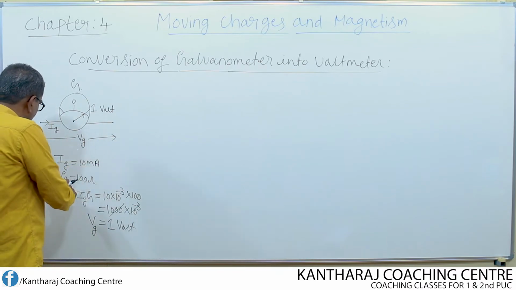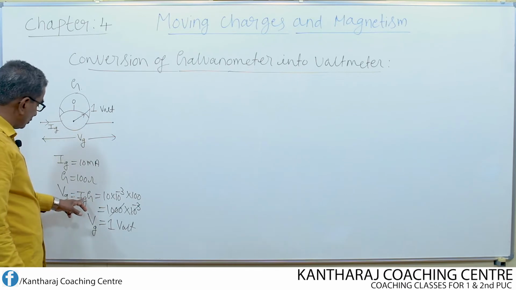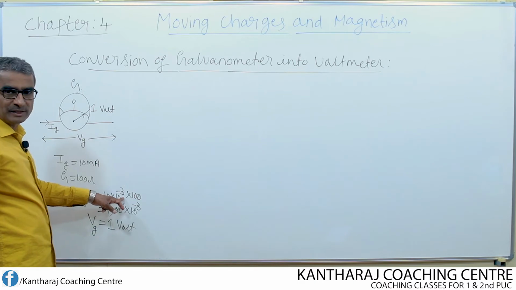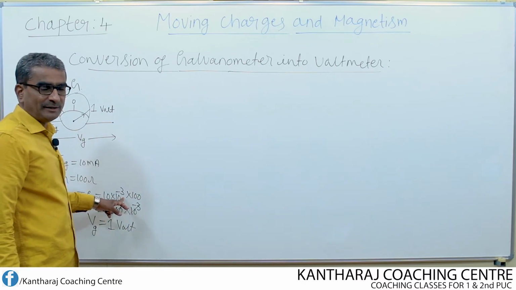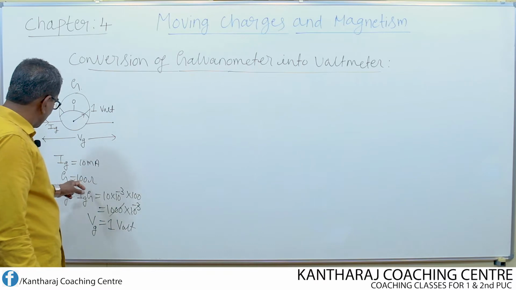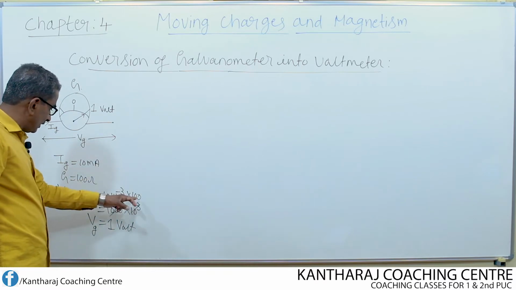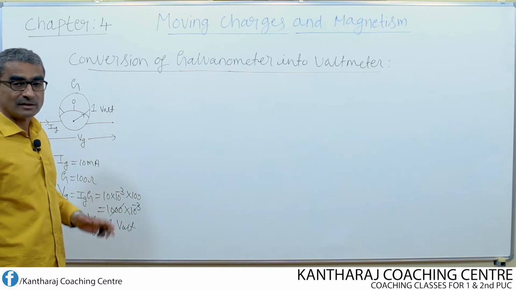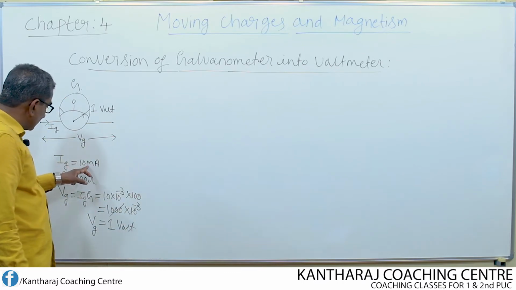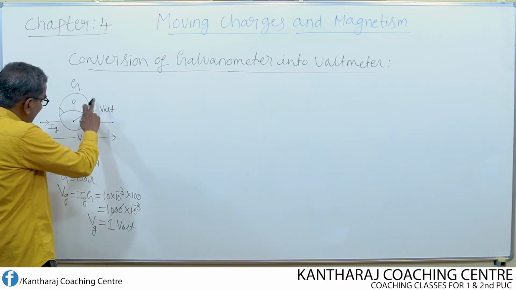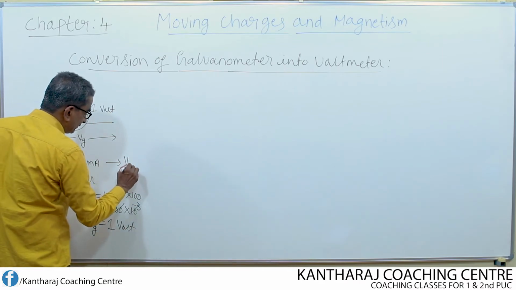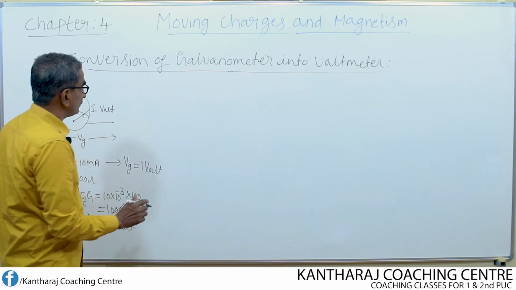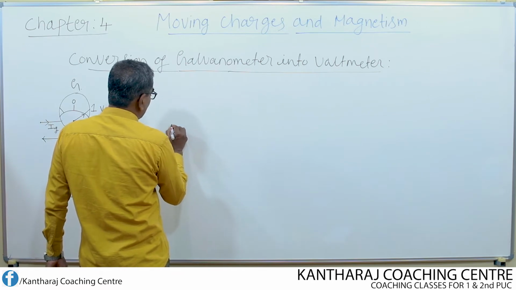Potential difference between the two ends of the galvanometer is Vg equal to Ig into G. Ig is 10 milliamps, 10 into 10 to the power of minus 3, it is for milli, into resistance of galvanometer is 100, 10 into 100, 1000 into 10 to the power of minus 3. If these two get cancelled, then 1 volt. That means for this current, the galvanometer can measure a potential difference of maximum equal to how much? 1 volt itself.